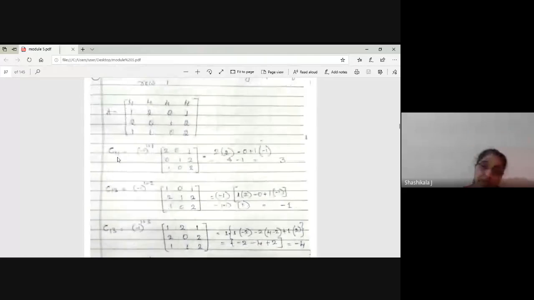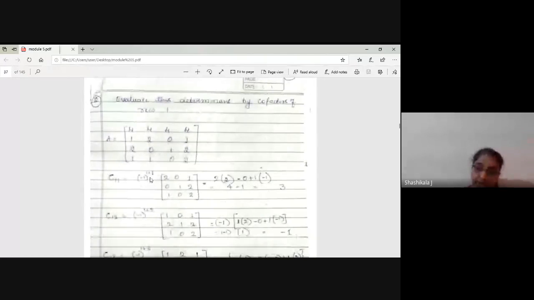What is C11? C11 is this element, so leave that element's row and column. The remaining matrix will be 2, 0, 1, 0, 1, 2, 1, 0, 2.